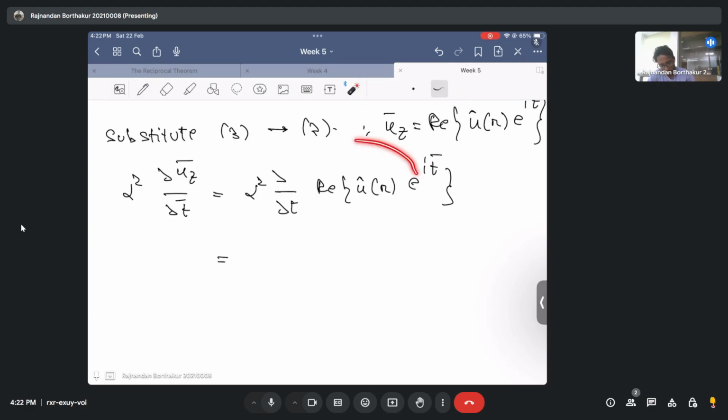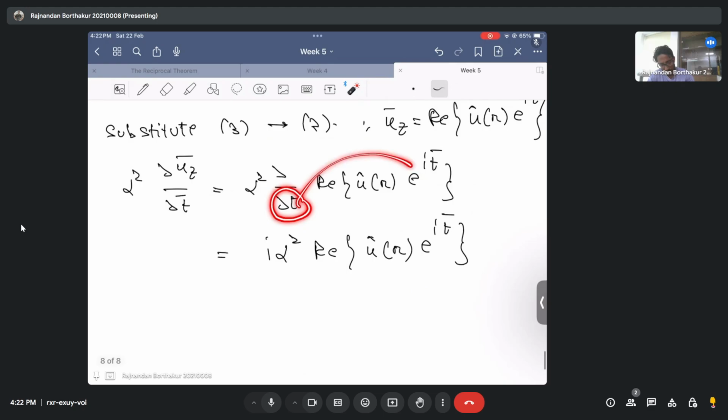So we just need to evaluate this, and we'll get i alpha squared times the real part of u hat of r e power i t bar, because this is just a temporal derivative with time. So we'll just have an i coming out of this differentiation.